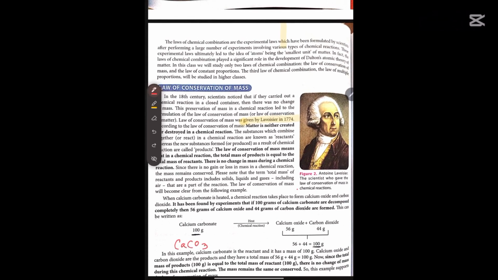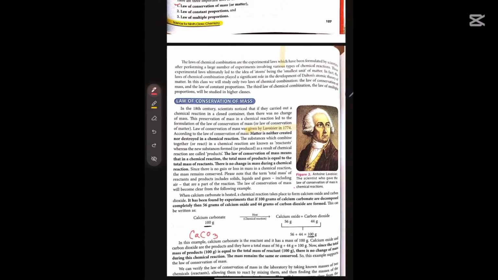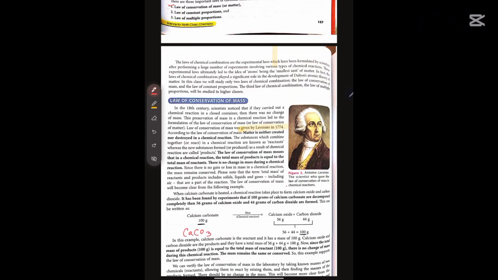This is something which we will study in physics also, not only in chemistry. It was given by Lavoisier in the year 1774, which basically means that matter is conserved, the mass of the universe is conserved. Now in a chemical reaction, how can you apply it? The mass of the reactants will be equal to the mass of the products.